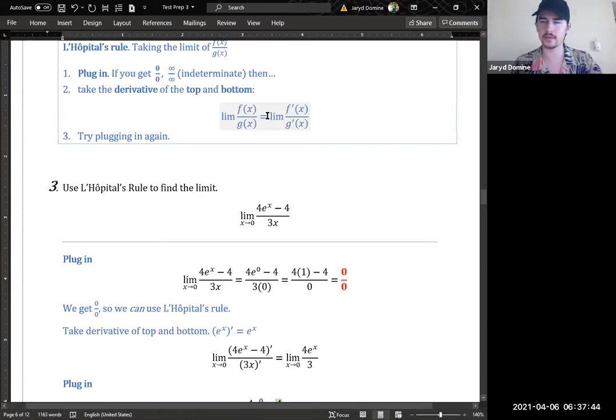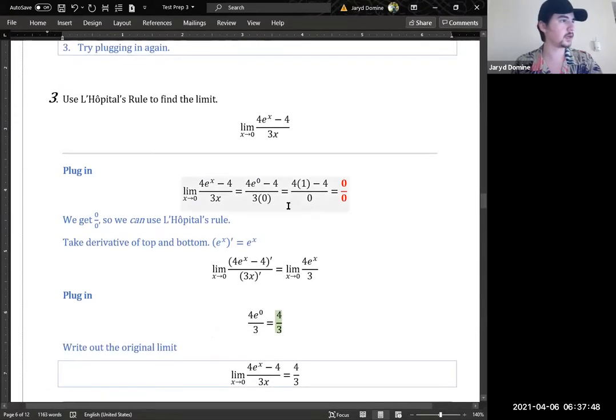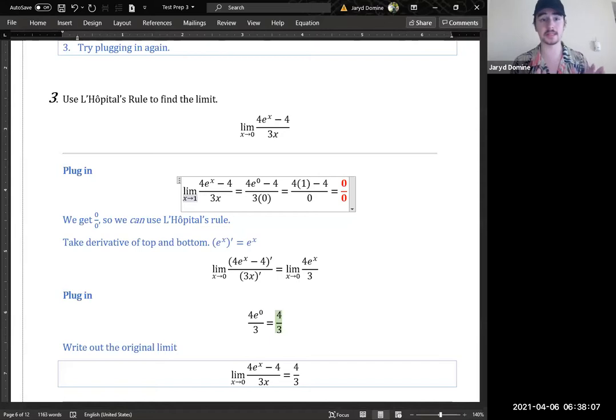What would the derivative be if, for example, the limit was approaching 1? So for this problem specifically, if we were approaching 1, let's see, we would have 4e to the 1 minus 4 over 3, and that's not 0 over 0. Right? So if we had this being 1, we would not get 0 over 0, so we wouldn't use L'Hopital's rule.